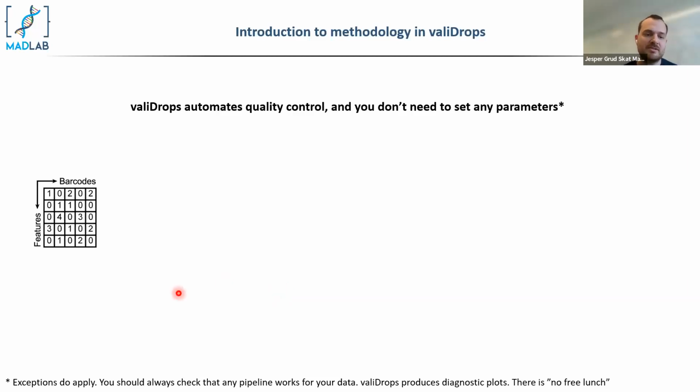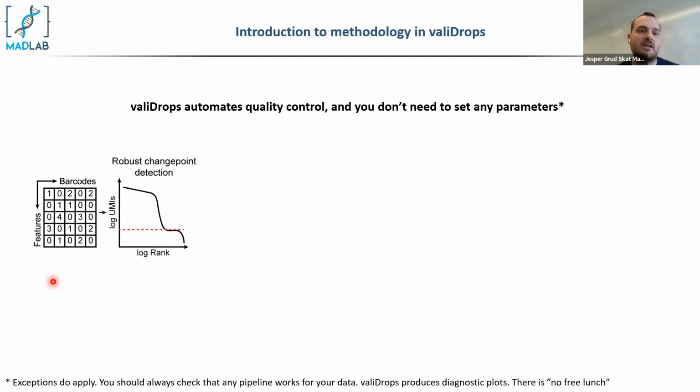And what valiDrop does is that it takes a barcode times feature matrix, a raw count matrix, and it needs to be the unfiltered one, so one that can come directly from, for example, STARsolo or from Cell Ranger. Then the first step is to find barcodes that are sequenced enough that they are putative cell or nuclei containing barcodes.